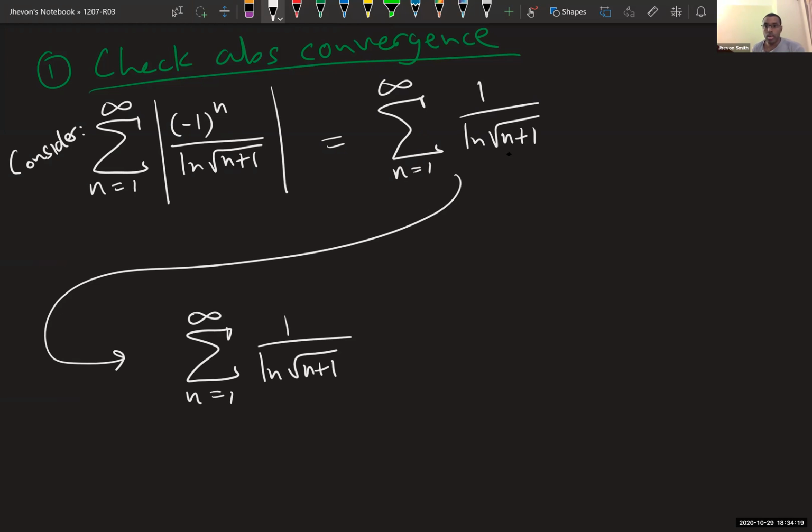By the way, you can notice that I have ln of a radical. I can think of that radical as a half power, and I can bring that half power down. So this is actually the same as that. Tell me about that.